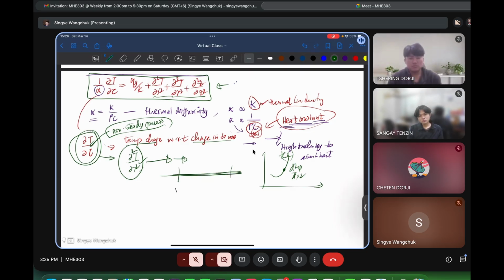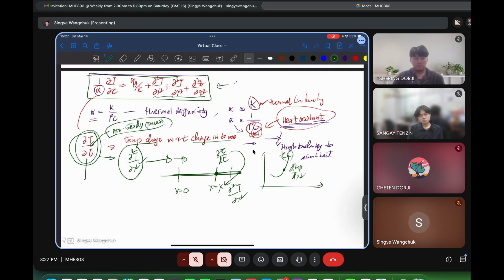So at x equal to 0 and x equal to any point x, if you want to find how your temperature is changing with respect to time, it is the same as finding the curvature at that instant. And it is very profound because it gives the relationship between time and the spatial dimensions.